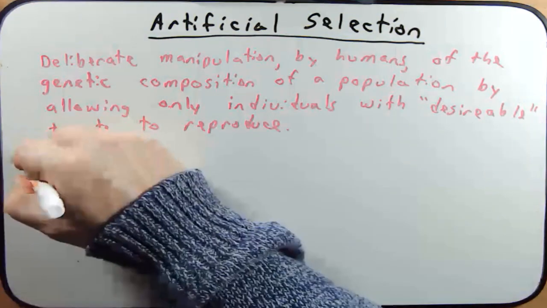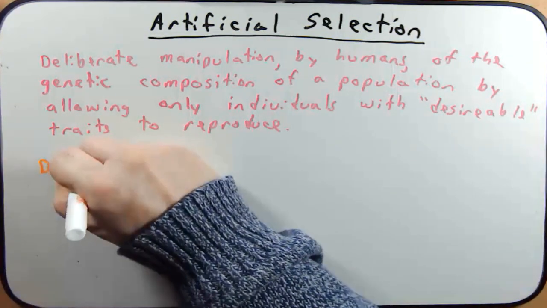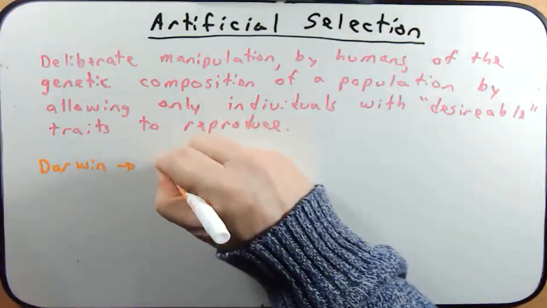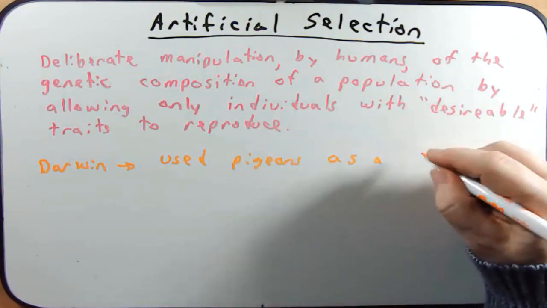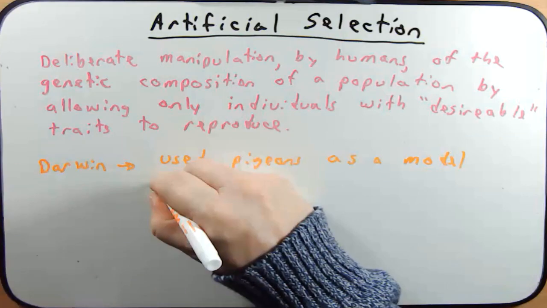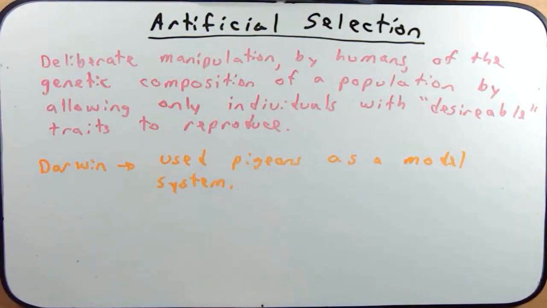Turns out that Darwin took advantage of artificial selection when he used pigeons as a model system. He did this to study how the characteristics of a particular population changes over time. And this helped him establish some of his ideas about natural selection.